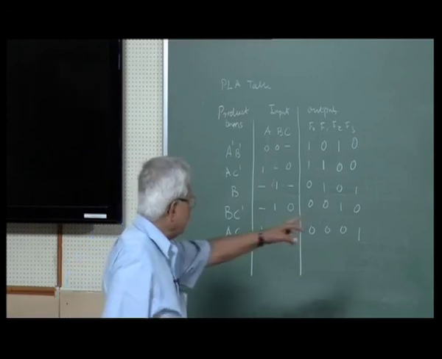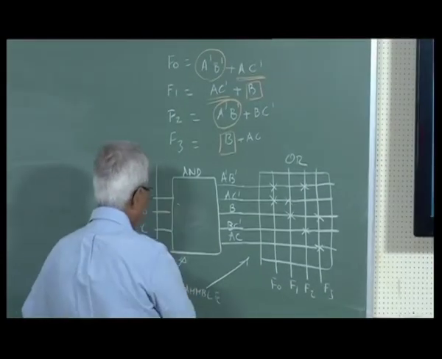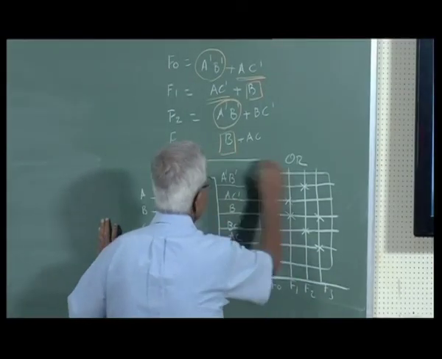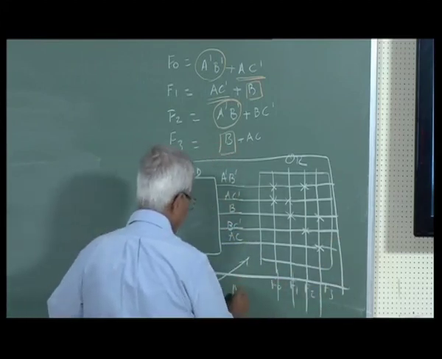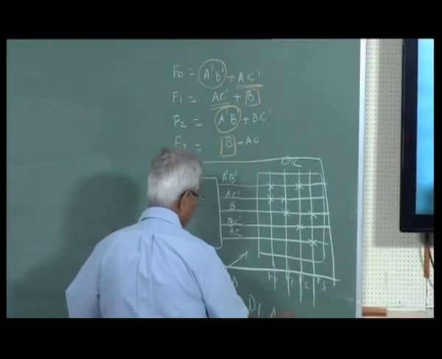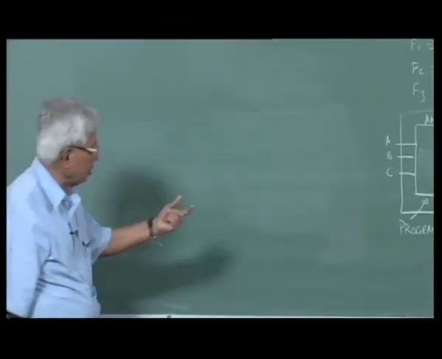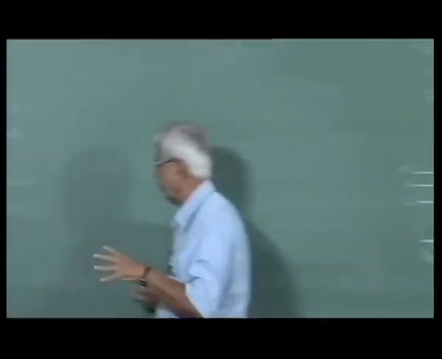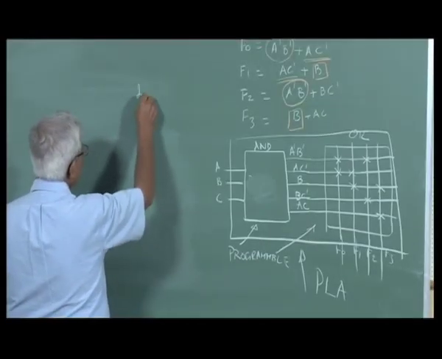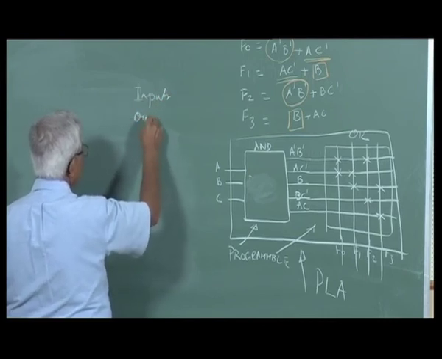From this you draw this, and the whole thing is one IC. This is the PLA. Single IC will have all of this. So I need to program the array. Earlier I said my size is 2 power n times m. Here I have to say how many inputs, how many outputs.